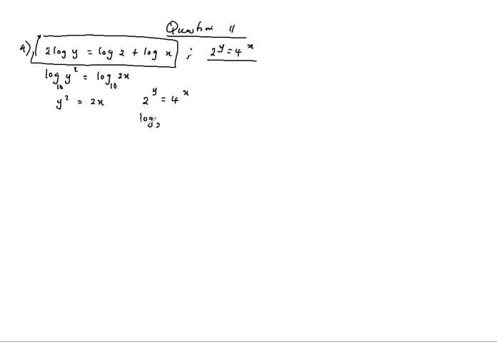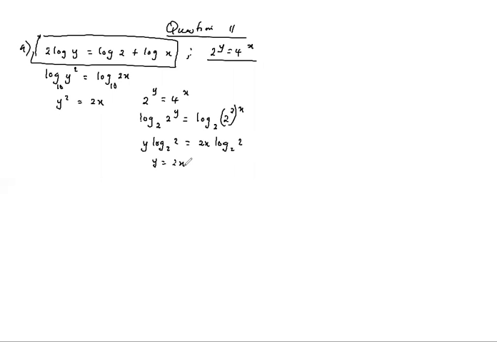If you apply log 2, you get log 2 to the y is equal to log 2, therefore, 4 can be written as 2 to the power 2, and then x. So this gives us y log 2 is equal to, you can bring down the 2x and get log 2, that is 1, that is 1, so y is equal to 2x.